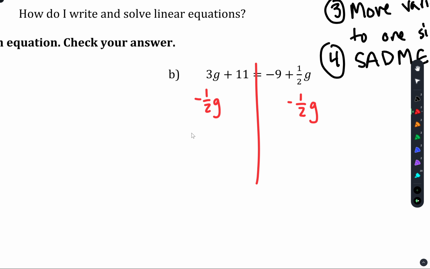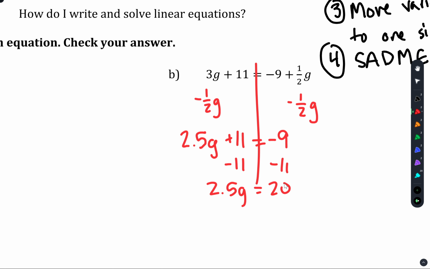I get 2.5 g when I do 3 minus 1/2. So I'm going to save myself some trouble and just write it as a decimal because I can do that. And again, now I'm isolating g. Subtract 11. 2.5 g equals 20. And divide everything by 2.5.